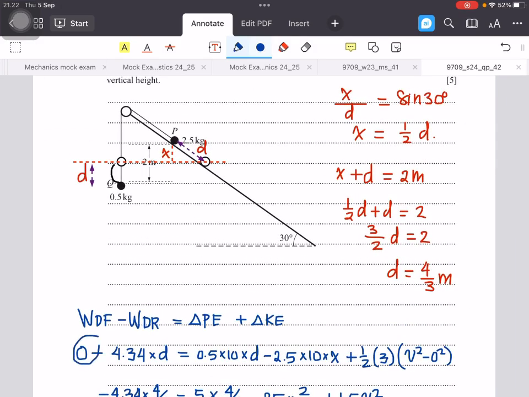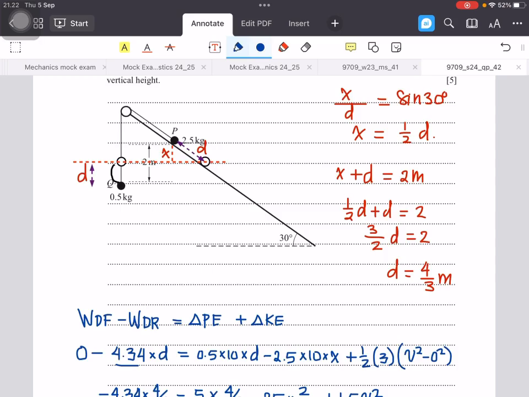There is no driving force, so the work done by the driving force is 0 minus the work done by resistance. The resistance is the friction force, so 4.34 as we have found before in the previous part, times d, the distance traveled by particle P.